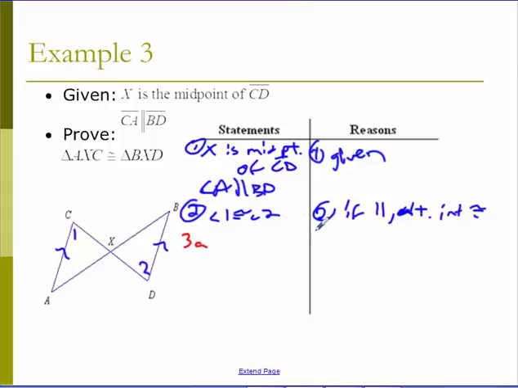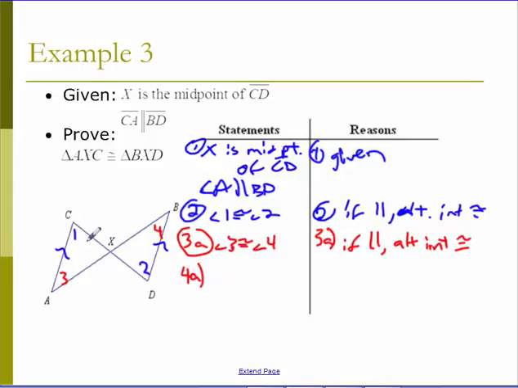And now for step 3, there's really 2 ways you could do this. So I'm going to do first in red how to prove this. I'm going to say 3 and 4 are congruent. So angle 3 is congruent to angle 4. And that's for the same reason. If parallel, alternate interior are congruent. And then my step 4 is going to be X is the midpoint of CD. So I'm going to use that and say CX is congruent to XD. And that's by definition of midpoint.